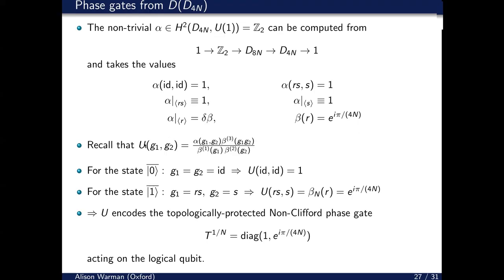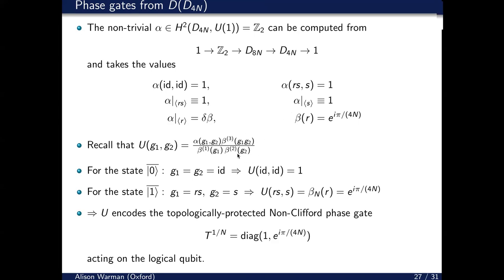So now, if we remember the formula for the unitary, this is obtained by stacking this 2-cocycle with the boundary counter terms. And we see that in this case, everything's very simple. So there's no contribution from alpha, there's no contribution from beta 1 or from beta 2, because alpha is just identically 1.